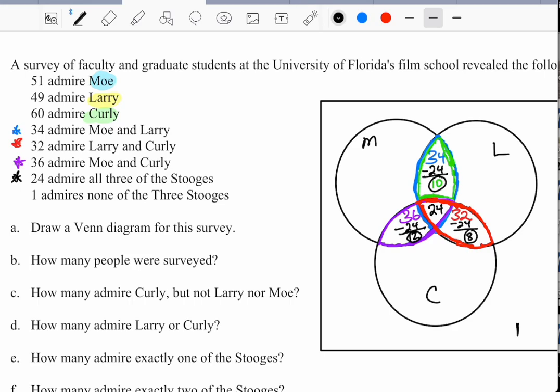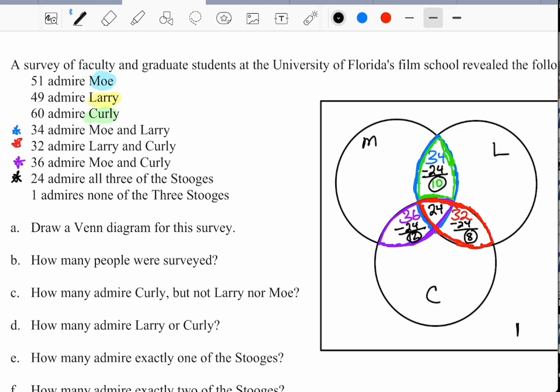And also there is a school of thought where the question could be framed differently, and I admit I got this from a textbook somewhere. They could say only, so 51 only admire Mo, 49 only admire Larry, and so on. In which case those are the numbers that go right in the slot, no questions asked. But because they left that gray area here, that made it a little bit more complicated.